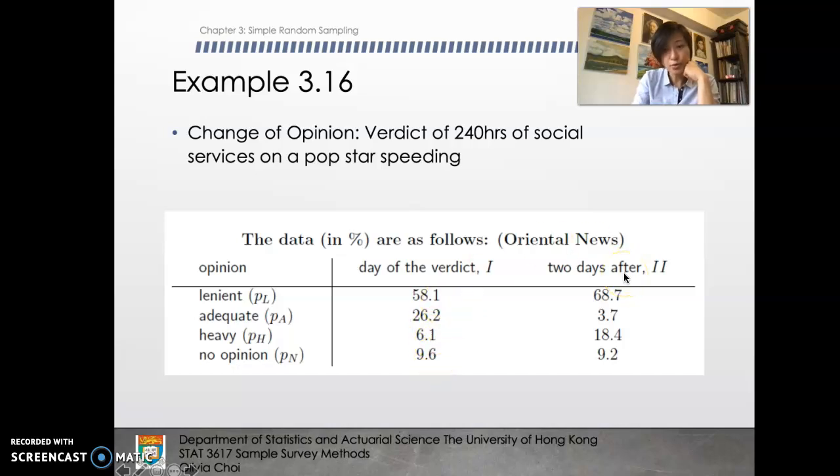Two days after, more and more people talked about it, and more people changed their minds, saying that this 240 hours is too lenient, not enough, and some people saying that it is quite heavy, etc. So we want to see if that 58% to 69% is significantly different.